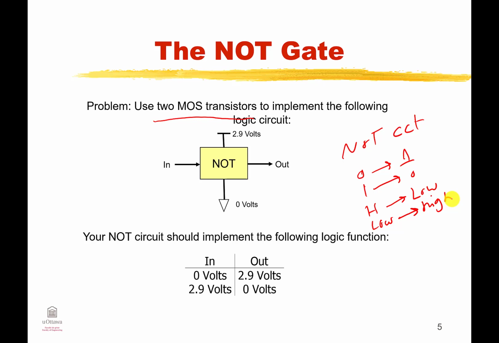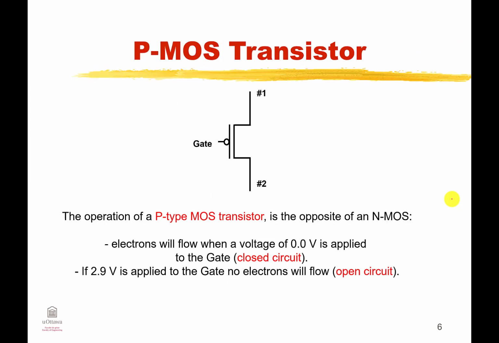Now, the way that I can implement it is using two different types of transistors. The first type is the N type, which we showed earlier in the previous slides, and the second one is the P type. The P-type transistor will work in the opposite way of the N-type.